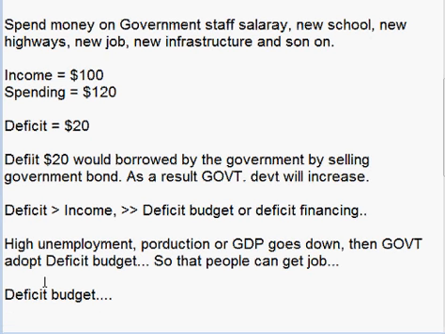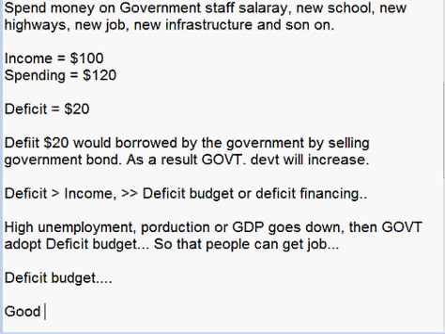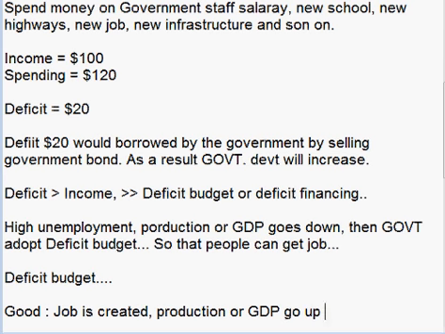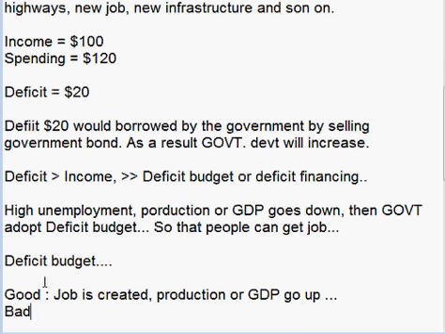Okay, so with a deficit budget, what is the good side? The good side is that jobs are created and production or GDP goes up. But the bad side is that government debt goes up, because the government borrows money by selling government bonds.